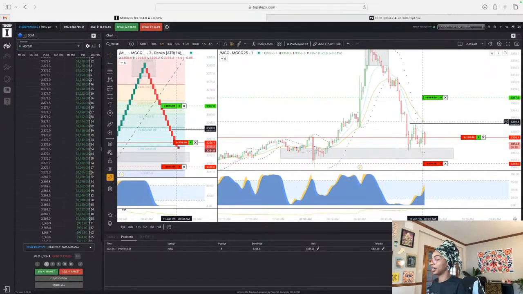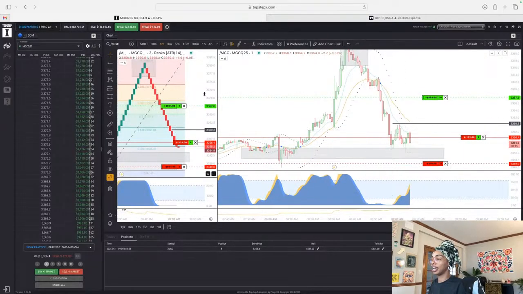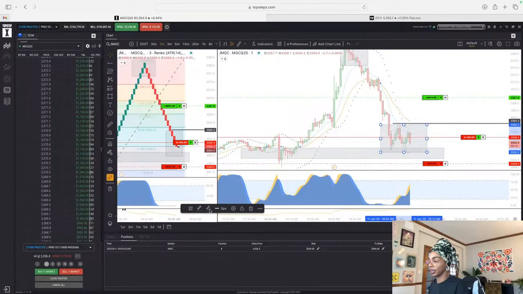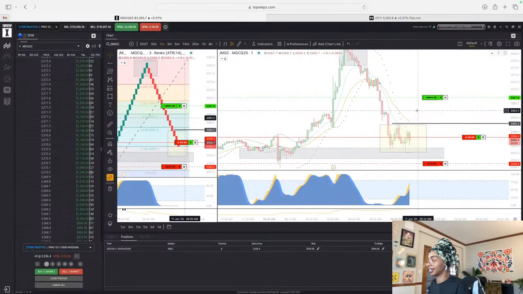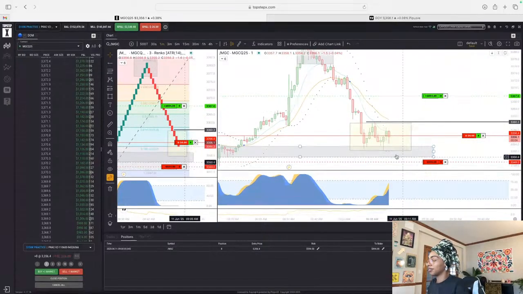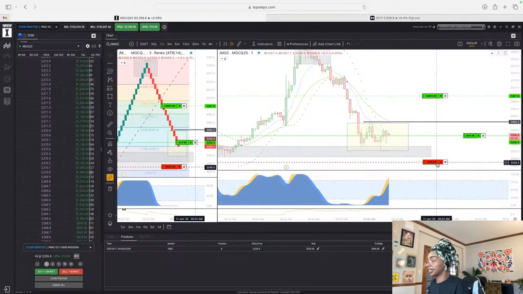Ideally, we would have wanted to wait for price to break out of this level to get into that trade. A little bit early getting into the second trade here. Got a little happy, got a little excited. Of course, ideally I wouldn't be risking nearly this much.